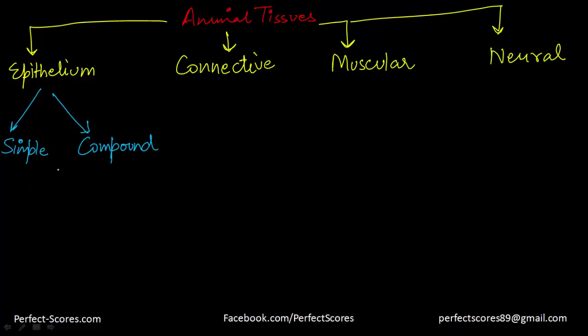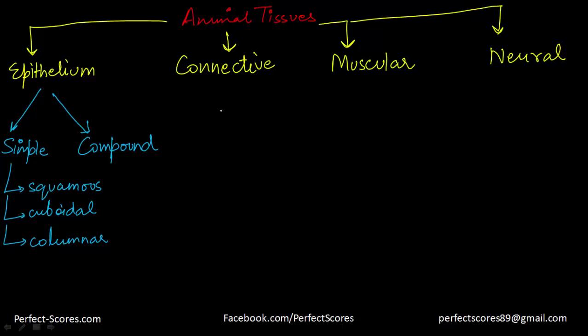Now within simple epithelium, there are three main types of simple epithelial tissue. You have squamous, then you have cuboidal, and finally columnar. So based on how these three are arranged, you can either get a simple tissue or a compound tissue.